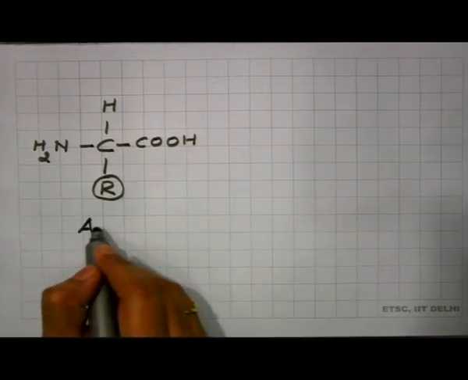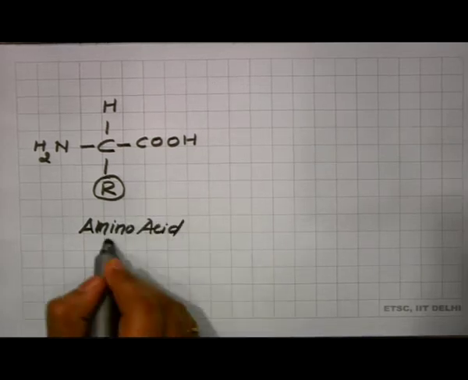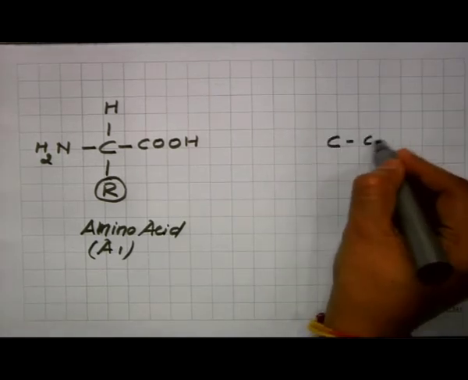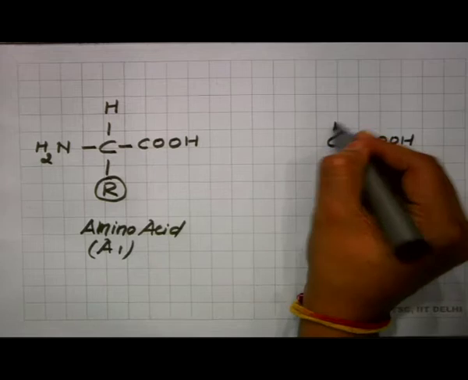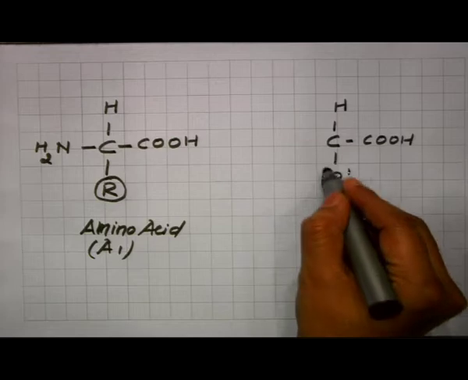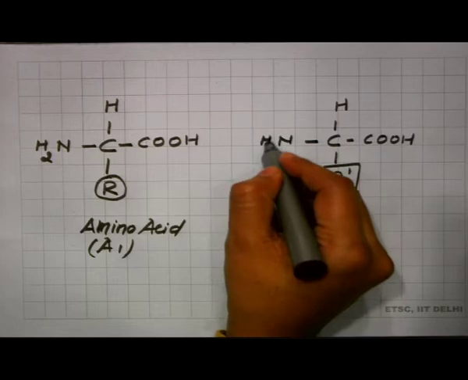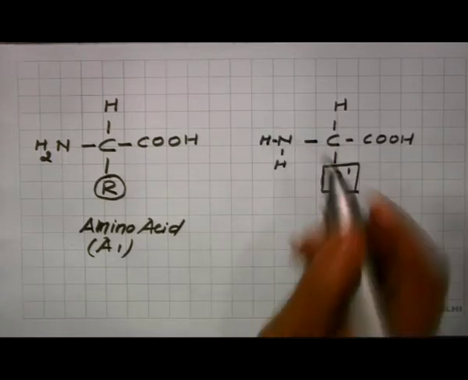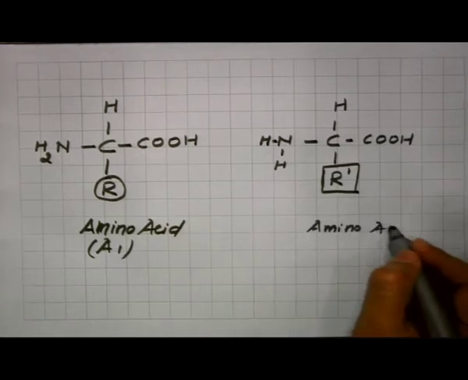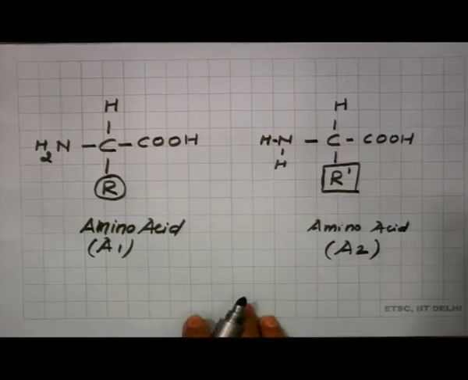Suppose it is one of the amino acids, say A1, and let us have another amino acid, say it is R dash, and here is the amine group. So, how do these two amino acids combine together to form a polypeptide chain?